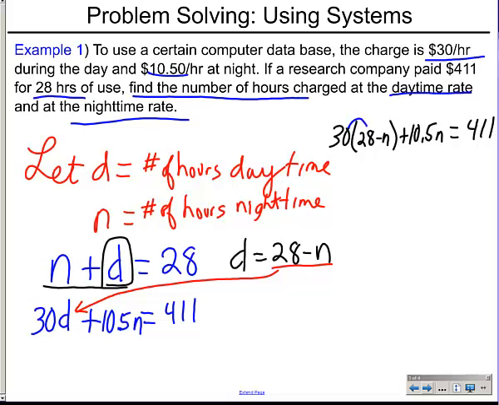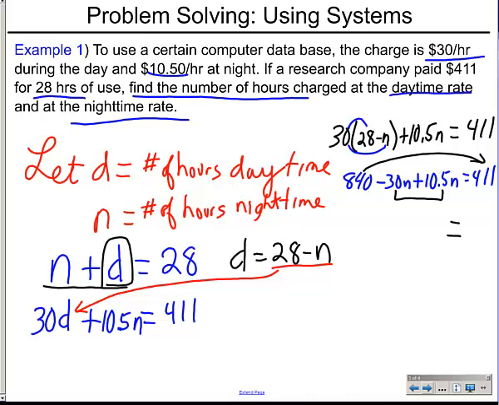Then we're going to distribute this 30, and that will give us 840 minus 30N plus 10.5N equals 411. Now I'm going to do two things at once. I'm going to combine these like terms, and I'm going to move my 840 to the other side using subtraction. So I'm going to do that one first.